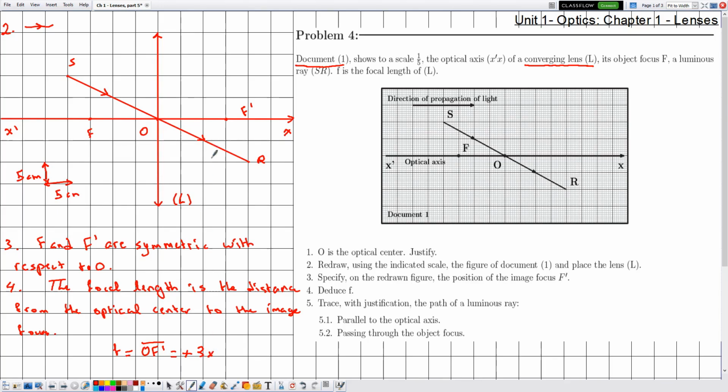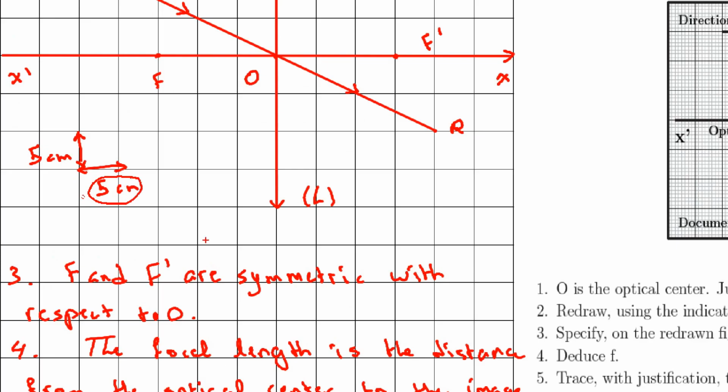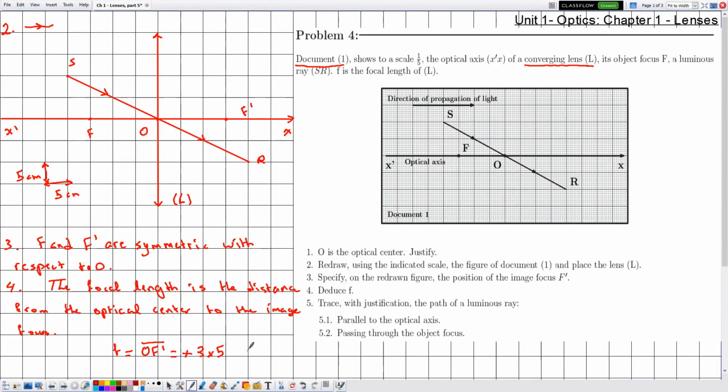And we multiply by the scale along which we have counted the number of divisions, which is the scale along the x-axis, and this will give me 15. Since the scale is in centimeters, then the value of f will be in centimeters. So finally f is equal to 15 centimeters. Always all quantities in physics must have a unit. Finally, it's a good habit to write our final answer in a box to make the task easier for the corrector to notice our correct answer.